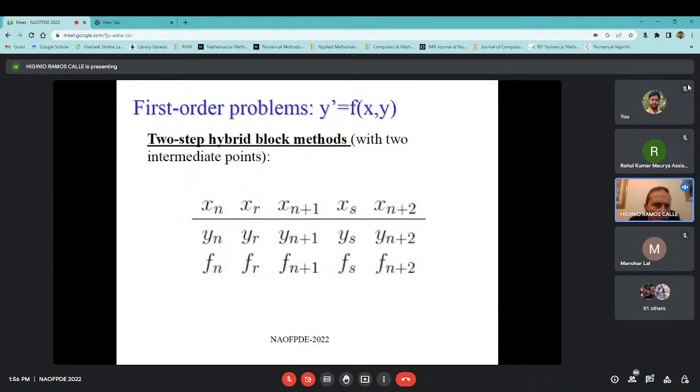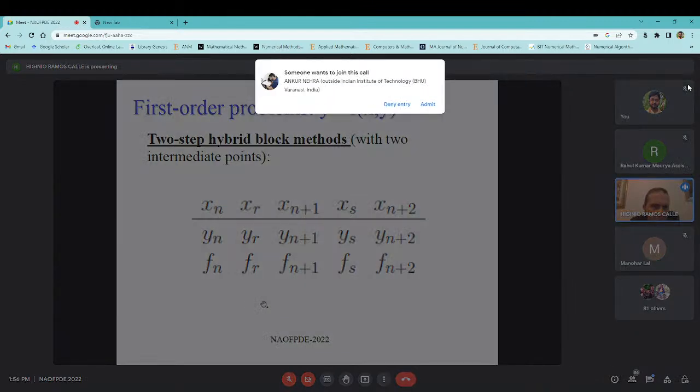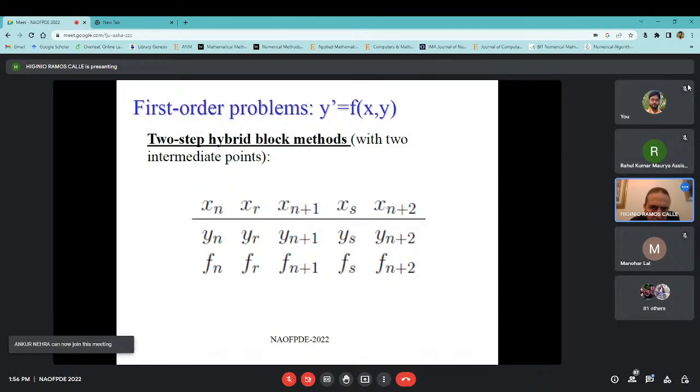Well, now let's see how to formulate a two-step hybrid method. In this case, hybrid means that you use intermediate points. So we have the grid points xn, xn plus 1, xn plus 2, and we consider two intermediate points.